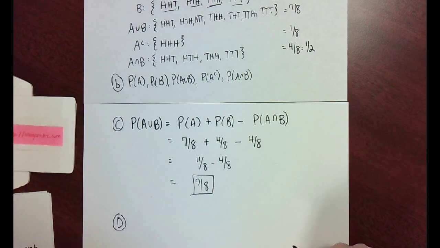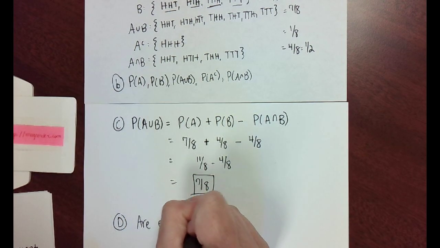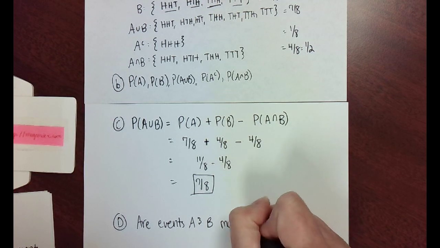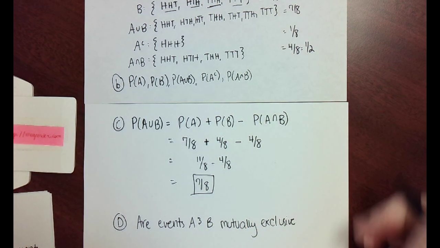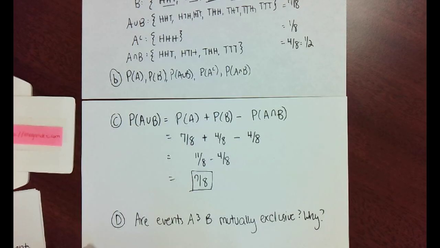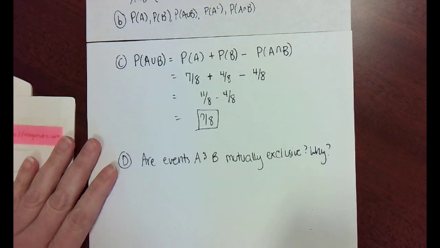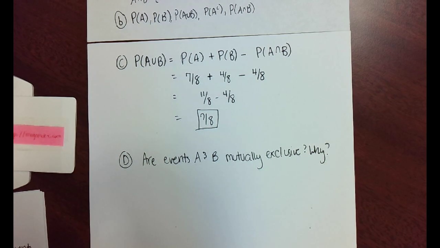And then Part D asks us, are events A and B mutually exclusive, and why? One of the rules for events to be mutually exclusive is that the intersection would equal 0. They would have nothing in common.